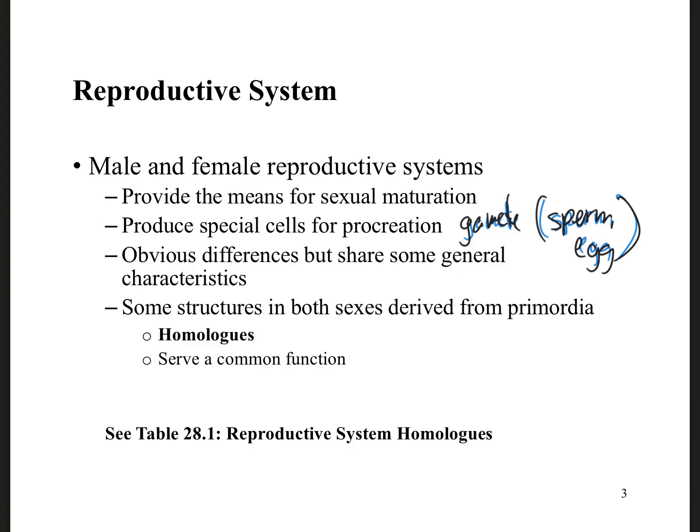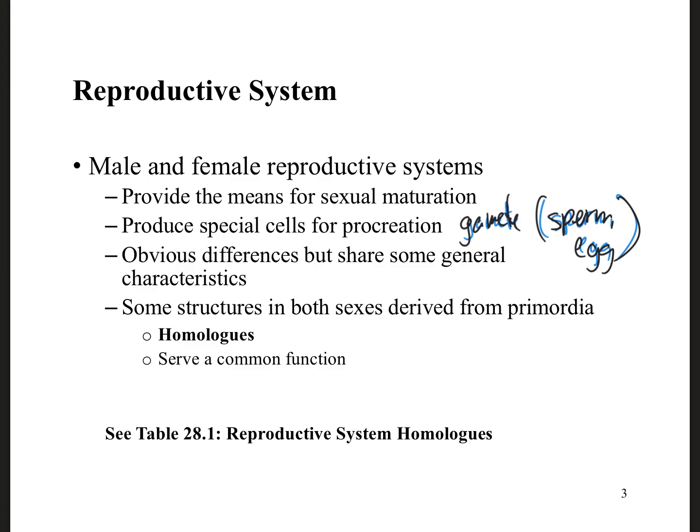Okay, so there are clear and obvious differences. There are similarities as well. Obviously, one similarity is that both systems produce gametes, the cells used for reproduction, and those cells are produced through the process of meiosis. Another similarity is that they both consist of a system of tubes that will move those gametes around.